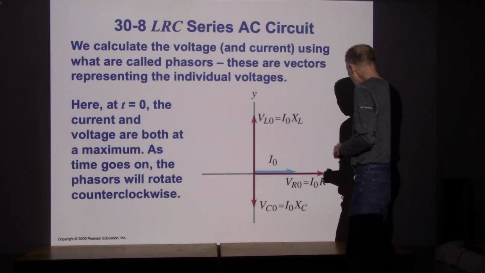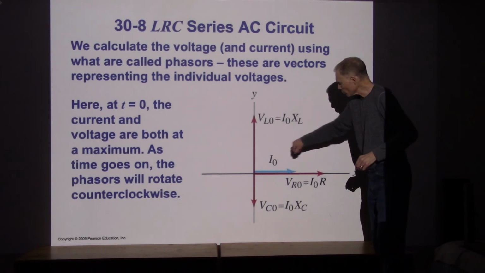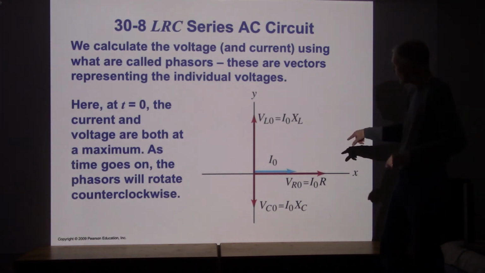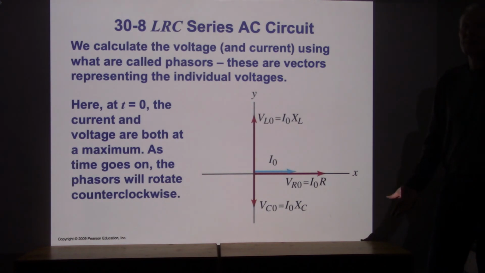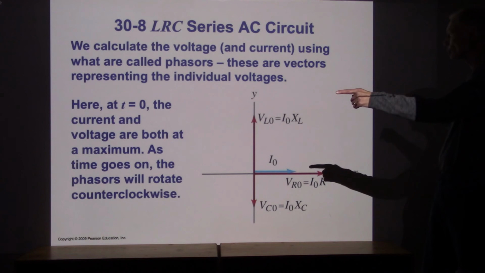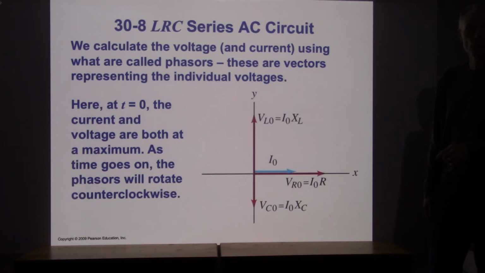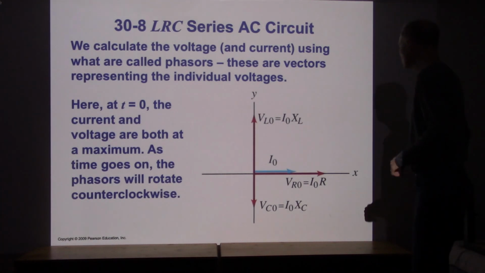The voltage across the resistor is at a right angle, and so that has to be added using Pythagorean's theorem. But at the end of adding all these together, I'll have the overall voltage across all three of the components.